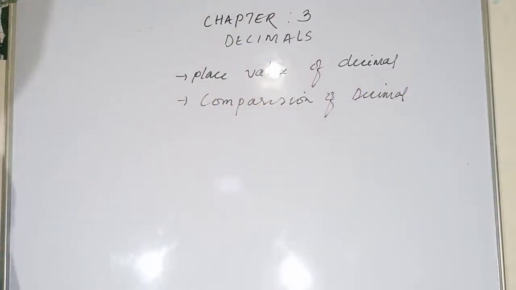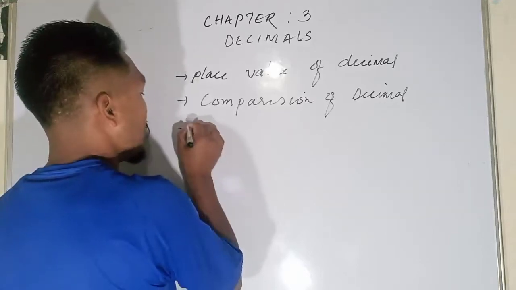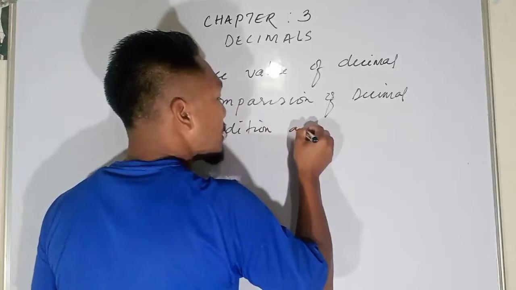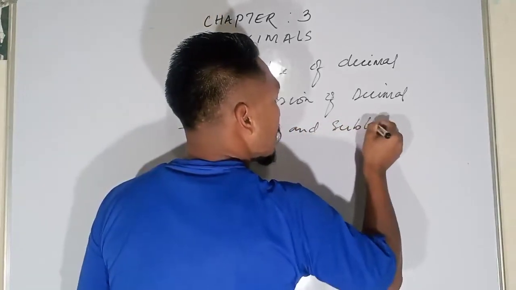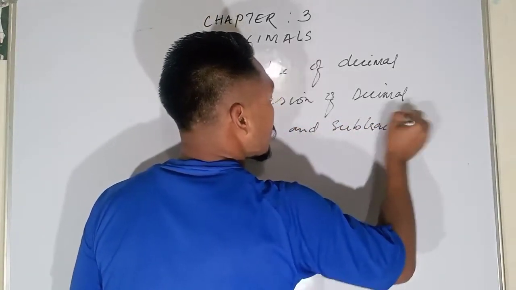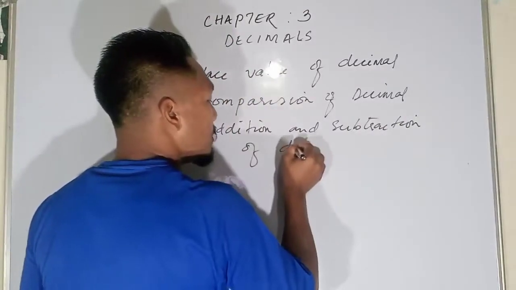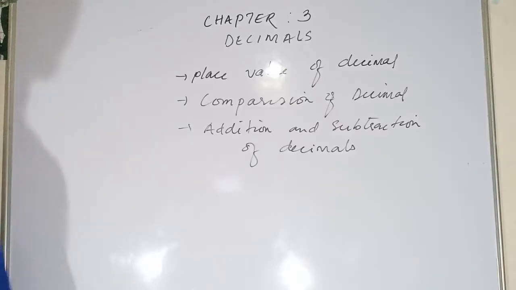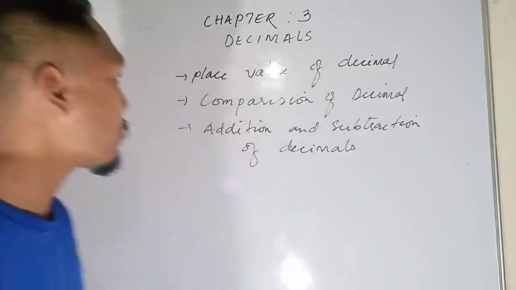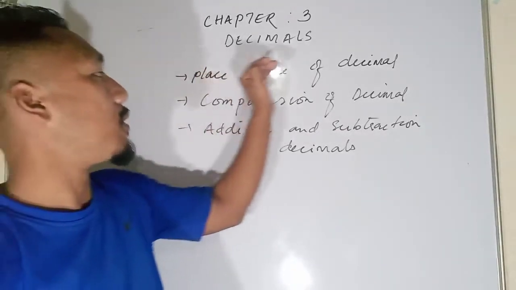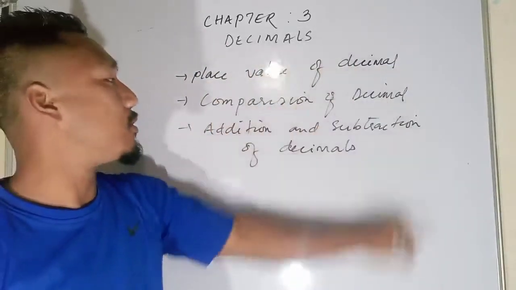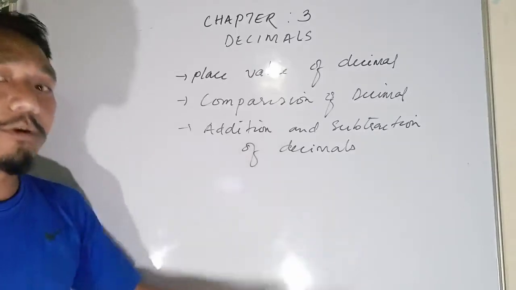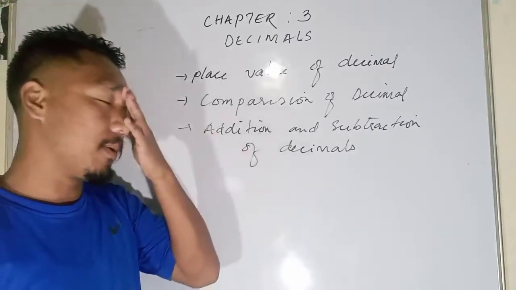Second, we will be learning the additions and subtractions of decimals. Multiplication we'll be learning, division we'll be learning, and many more. These are some of the topics: place values of decimals, comparisons of decimals, additions and subtractions of decimals, and many more extra.